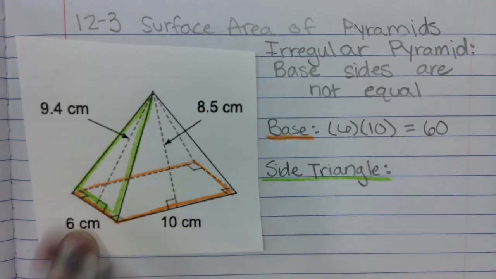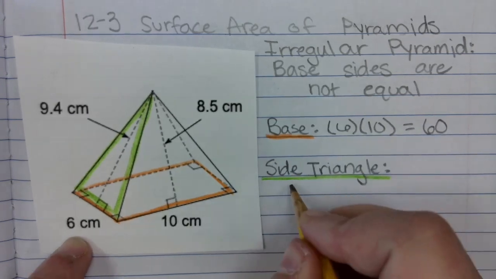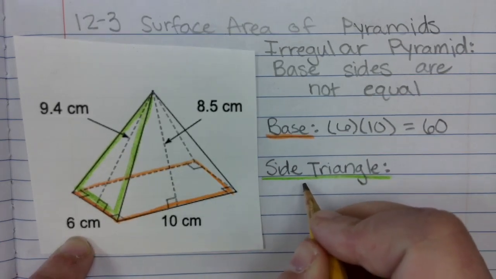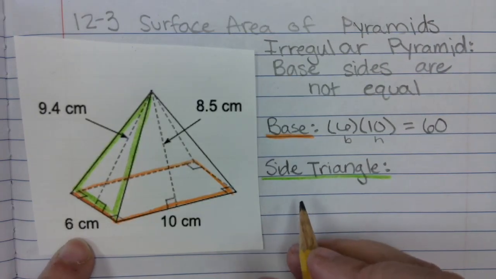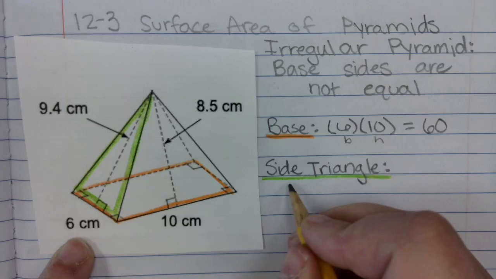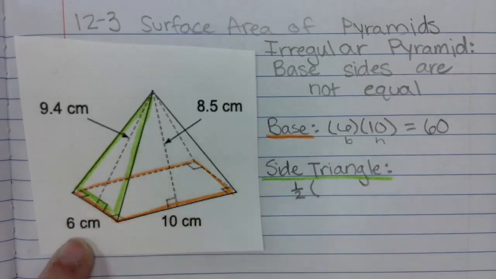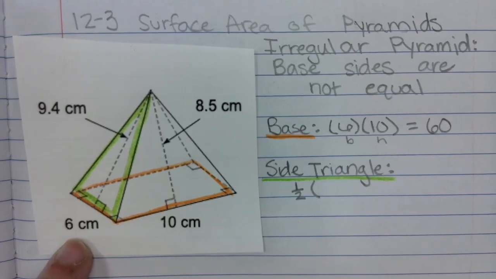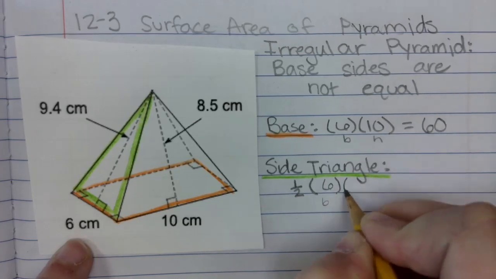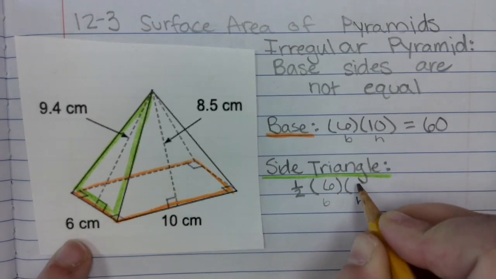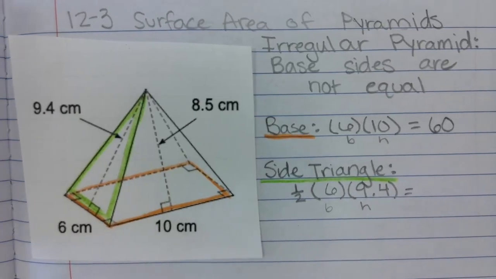How do I find the area of a triangle? Not just base times height for a triangle. 1/2 base times height. Good. So 1/2. What's my base of my green triangle? 6. And then what's the height of the green triangle? 9.4. Yep. So 1/2 base times height.